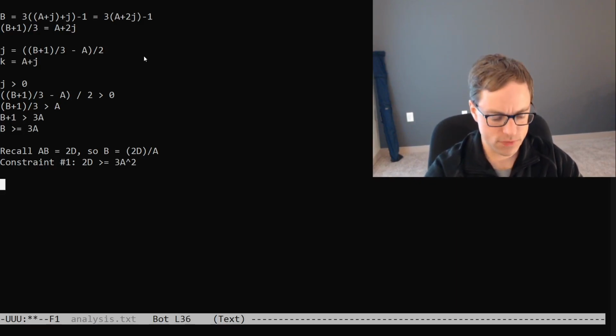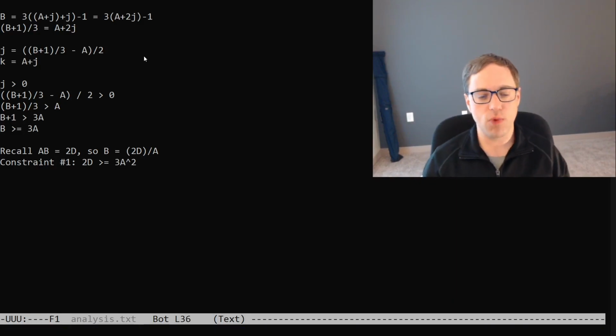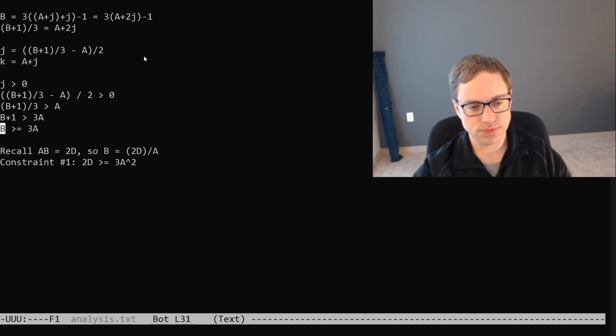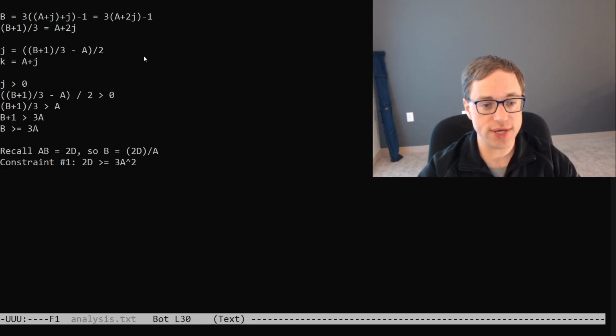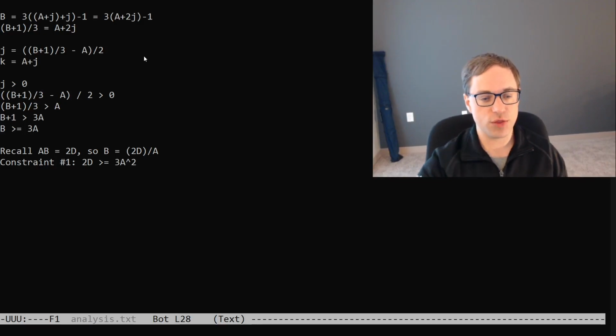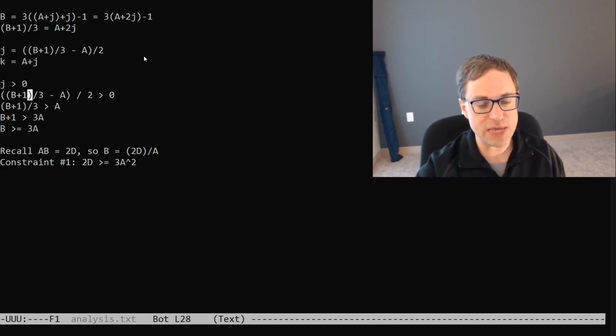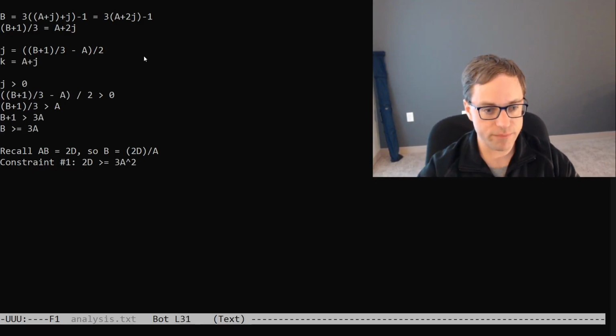Okay? So now we want to check when is it the case that j is actually an integer. And the first thing is that b plus 1 over 3 is going to have to be an integer. That is, 3 must divide b plus 1 evenly.